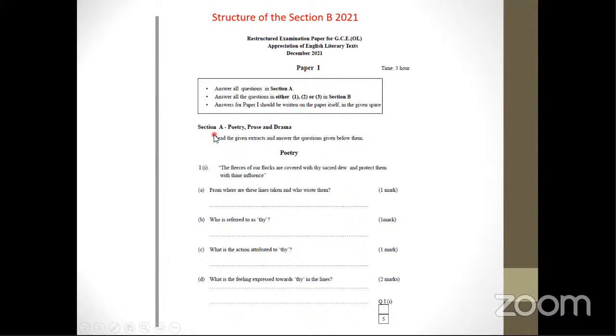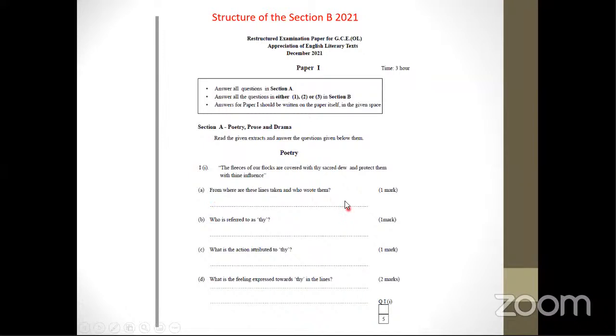In section A, you get poetry, prose, and drama. Unlike earlier, you are given what the text is, so you find it easy. You never go wrong with the identification because, for poetry, you know the poem, unless you are unaware of the context. Then you have to answer the paper itself.